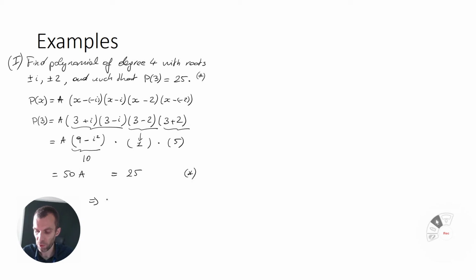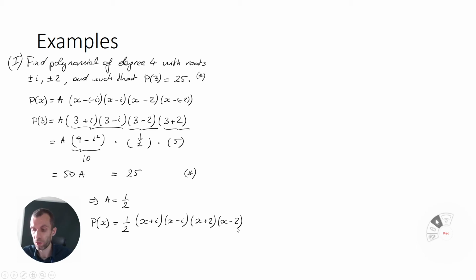And so from that we see that our a constant is 1/2, and our polynomial becomes 1/2 times x plus I, x minus I, x plus 2, x minus 2. And you can check that all the conditions hold.